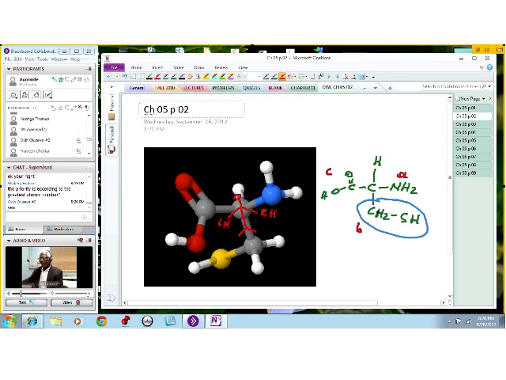Keep in mind what we have here. Let me draw it better. Okay, I see your question. Very good question. This is what we have here. The hydrogen is here. This is here, and then the sulfur is attached to the carbon. So the way you look at it is, let us look at this carbon here, which is attached to oxygen. Then we also want to look at this carbon here, which is attached to sulfur.